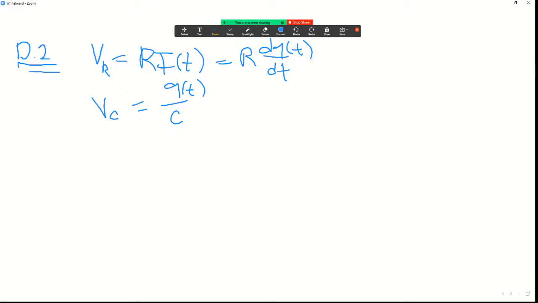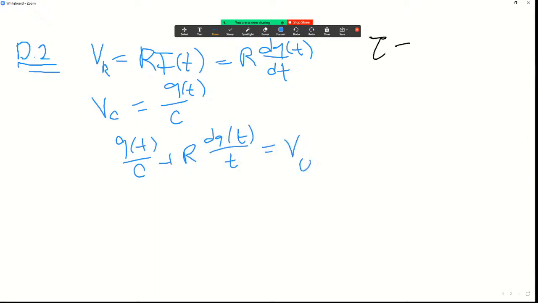And that's going to equal the original voltage V naught. And let's say the time tau be d by V for charging.